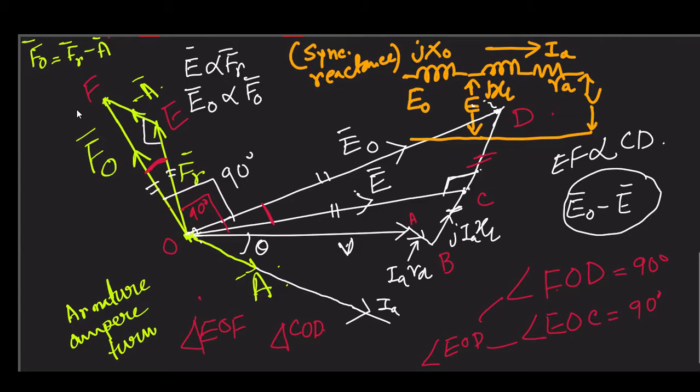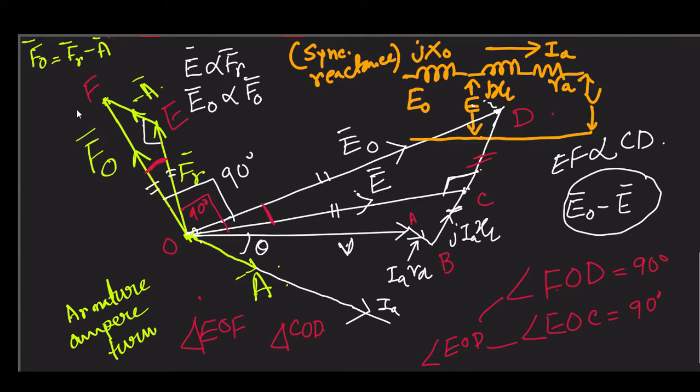And if we find another drop across any unknown component that is collinear with the voltage drop across an inductor, then we can conclude that the unknown element is also purely inductive in nature.